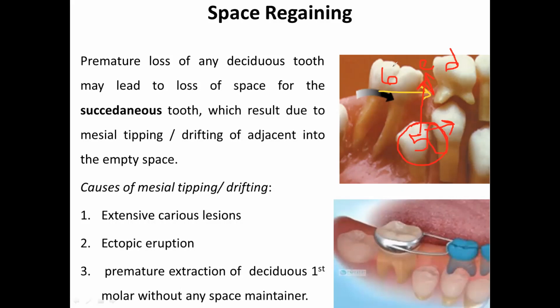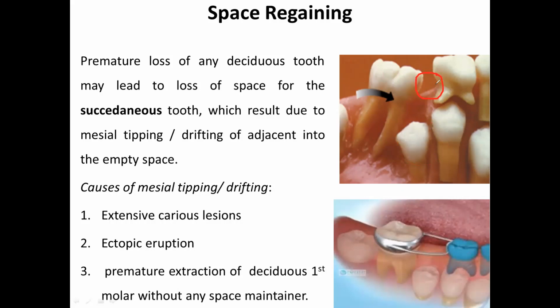So this is the reason that the premature loss, if the tooth is lost due to any reason, maybe it was grossly carious so it is extracted, or it was not properly erupted, we call it ectopic eruption, so that's why it was extracted, or it was lost due to any reason, that is called premature loss of the deciduous second molar.